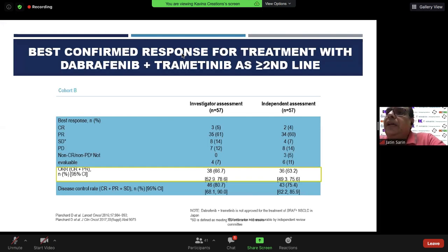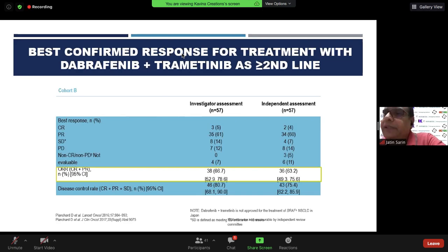So the best confirmed response was shown. This was investigator assessment. CR plus PR plus SD around 62%, or independent assessment is shown as 62%.